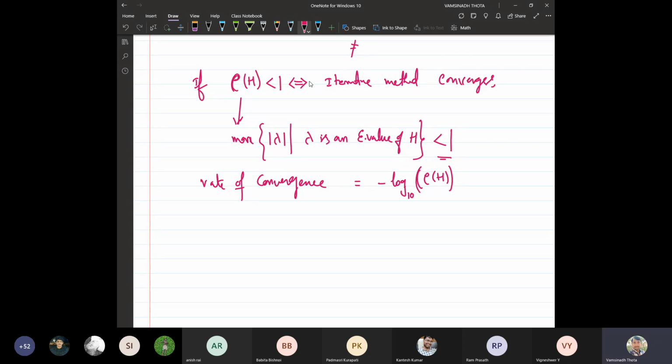This is the rate of convergence of the particular iterative method. Okay, so this is the basic abstract explanation for iterative methods.